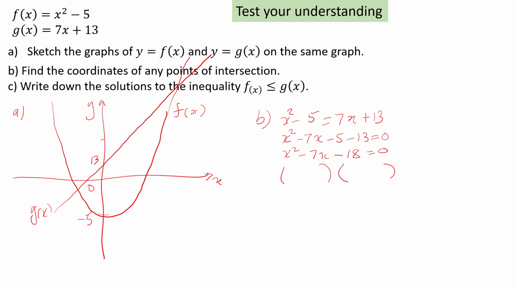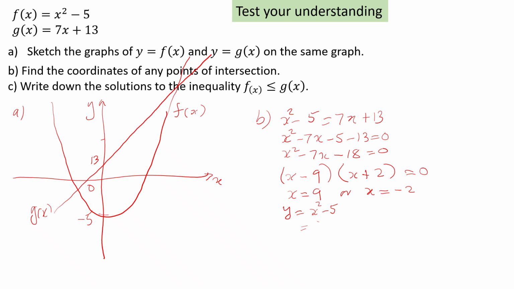Two numbers that multiply to minus 18 and add to minus 7: so minus 9 and plus 2. If x minus 9 equals 0, then x equals 9. Or if x plus 2 equals 0, then x equals minus 2. Now find the y value. I'm going to put into the first equation, x squared minus 5.